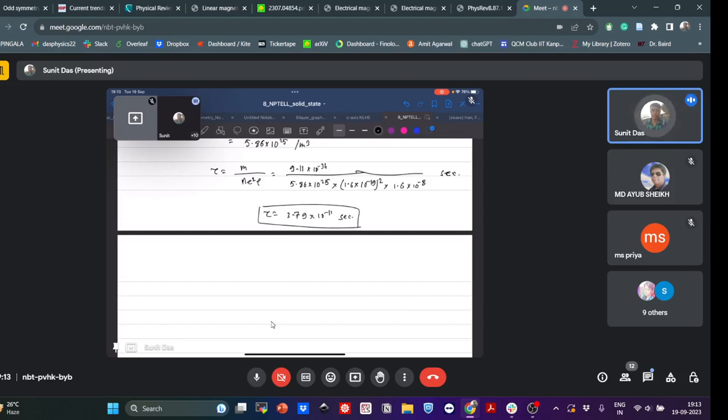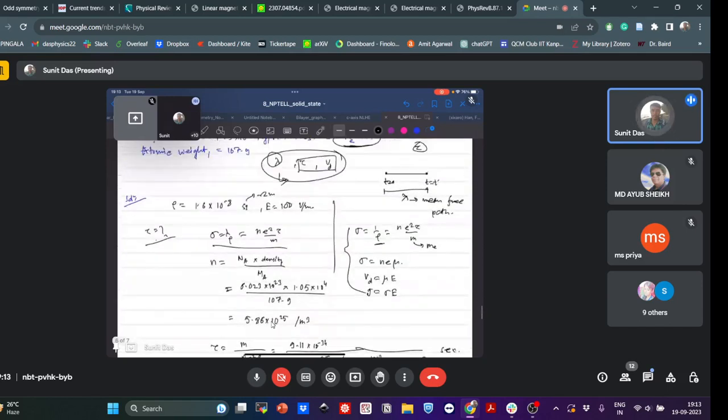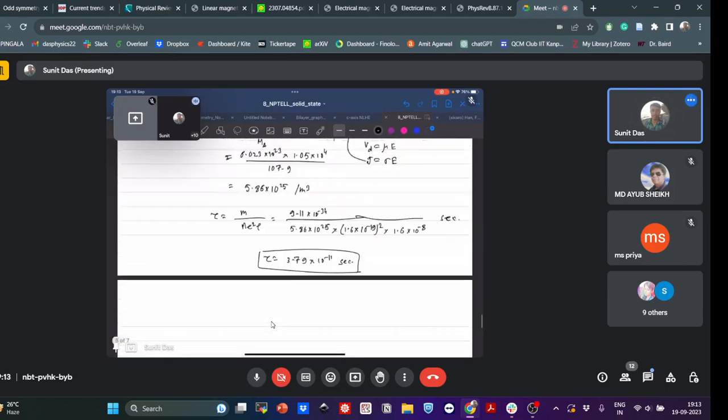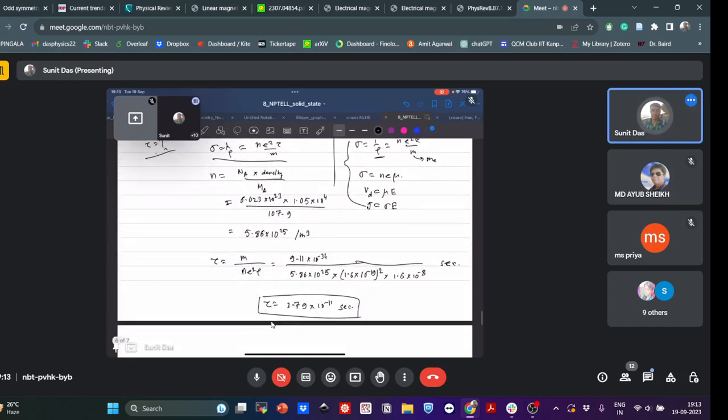This will be the relaxation time, or time between two consecutive collisions. Okay, and now we need to find two more things: drift velocity and mean free path. So if we use these two equations, then what happens?